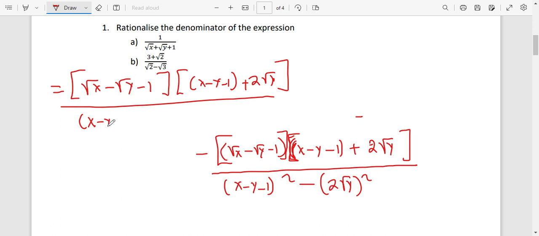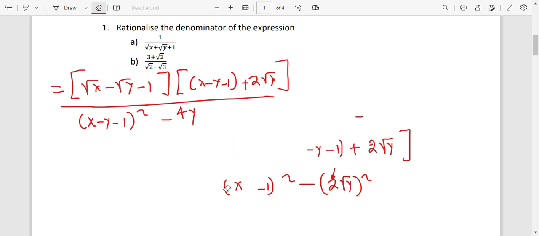But I've already rationalized, so I can also write it like that. But the 2 square root of y, 2 squared is a 4, square root of y squared is a y. So this is rationalized. You cannot see any root in the denominator. So I've answered the question, rationalize the denominator.